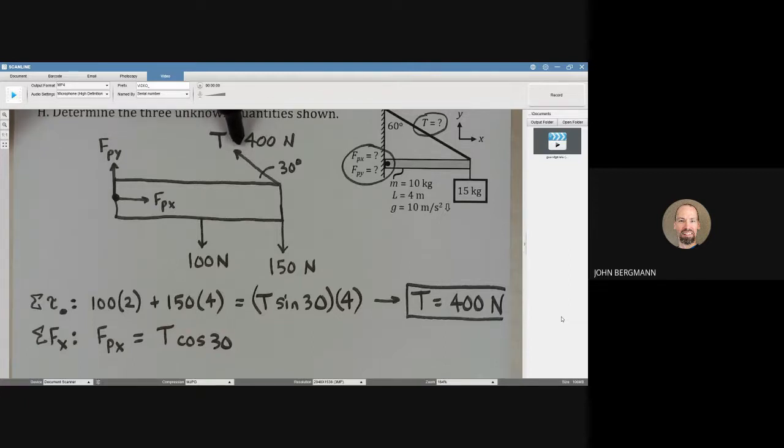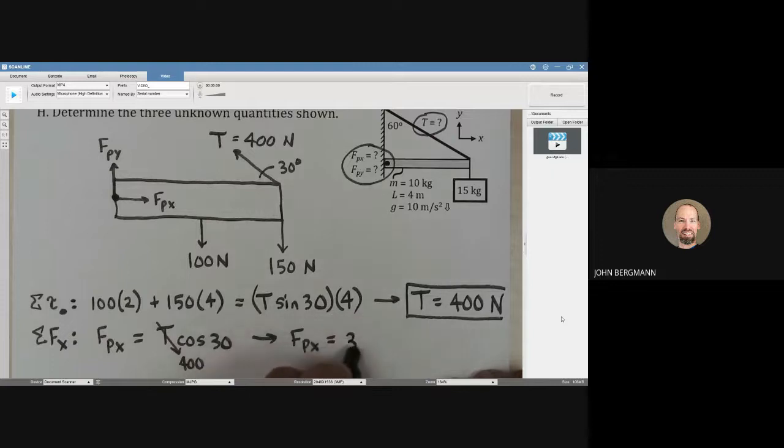And so the only forces in the X direction are the X force from the pin and then the X component of the tension, which I believe would be 400 times the cosine of 30. The tension is 400. 400 times the cosine of 30. If you type that in, make sure your calculator's in degree mode, I got 346 newtons.